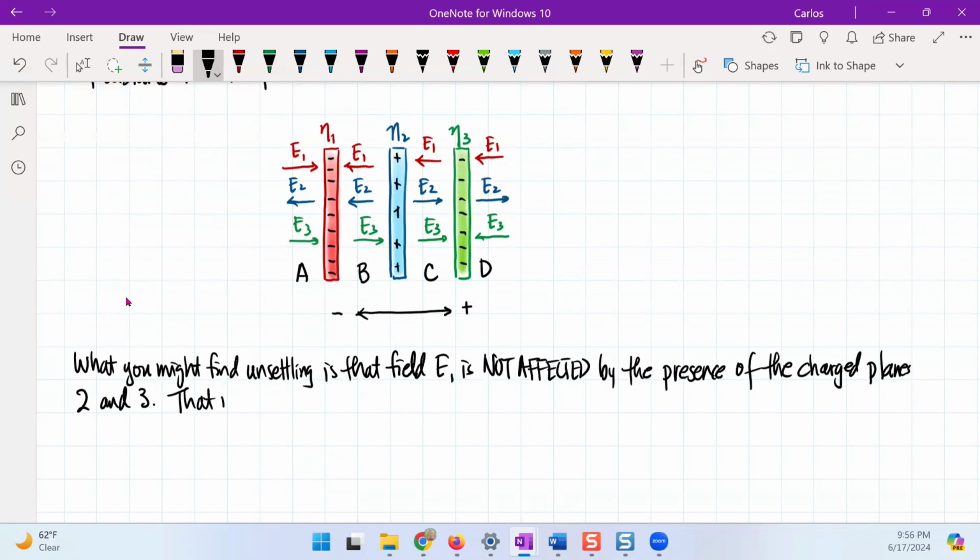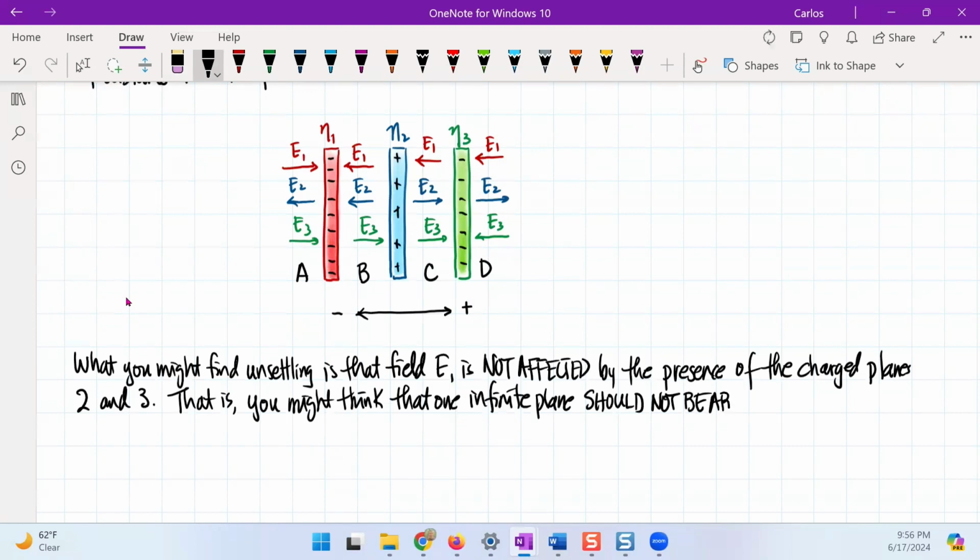That is, you might think that one infinite plane should not be able to penetrate another charged plane. That's a misconception.